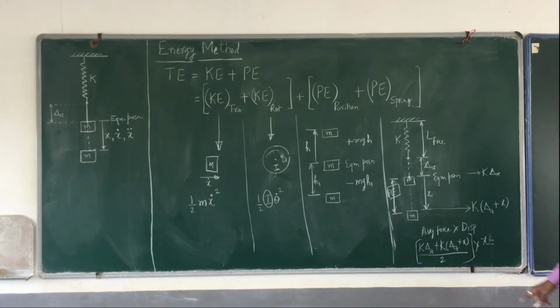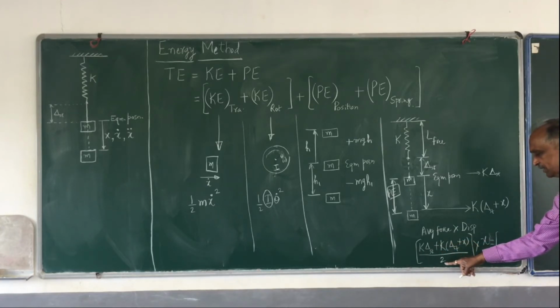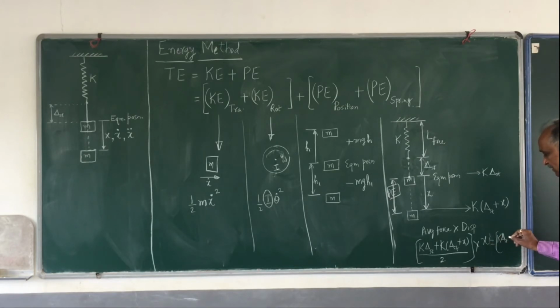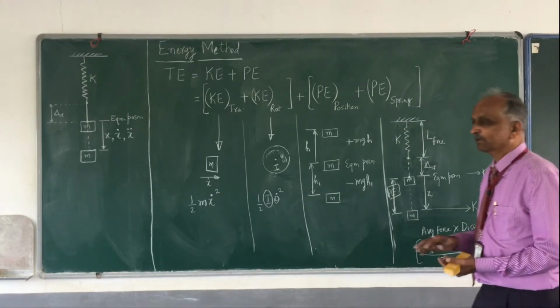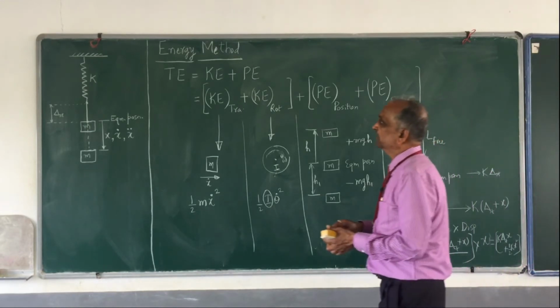K delta St plus K delta St is 2 times K delta St. Divided by 2, that is nothing but K into delta St into x when I multiply it by x. Similarly, K into x by 2 into x gives half K x squared. So this is how we calculate the energy stored in the spring. I hope you have understood.